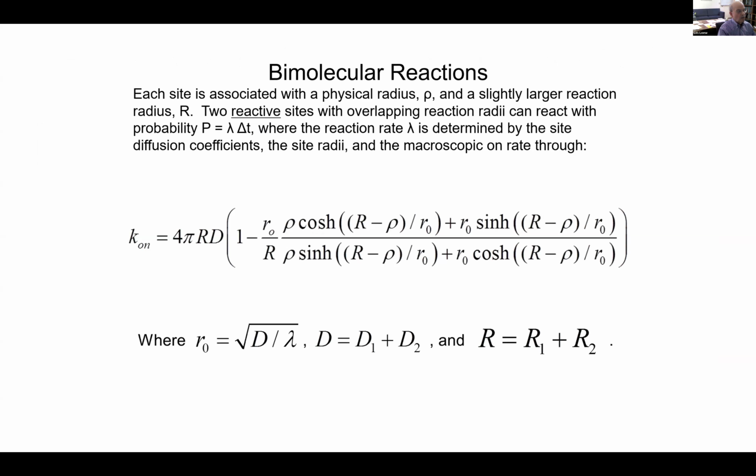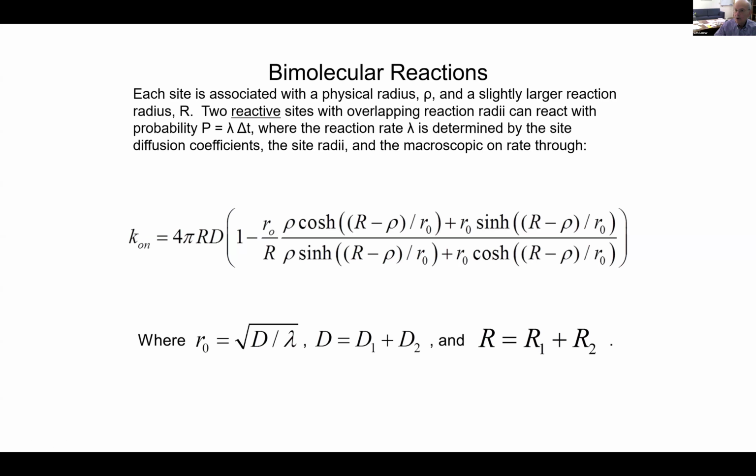And when the two reaction radii overlap, because these molecules are diffusing around, and so there's some probability that they'll come together, then the probability of a reaction is derived directly from the on rate.